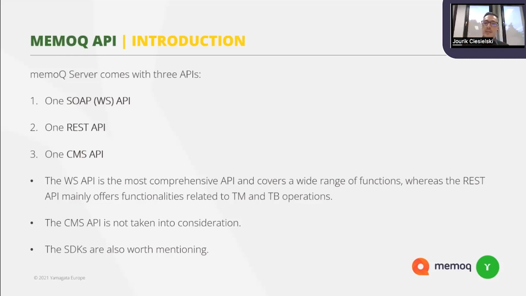There's a TM SDK, a TB SDK, which allows you to extend the capabilities for translation memories and term bases. So memoQ is pretty scalable, and you can really tailor it in accordance with your own needs and your own wishes, using the APIs on the one hand, but also using the SDKs on the other hand.